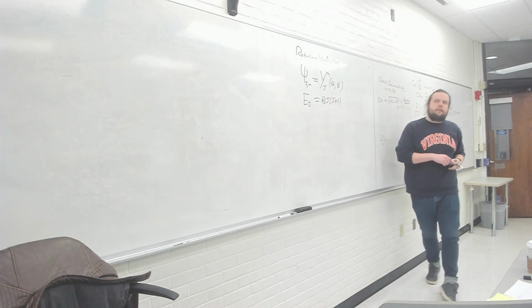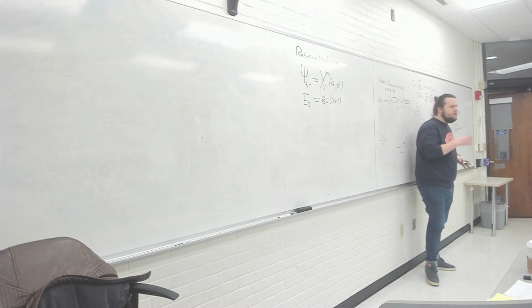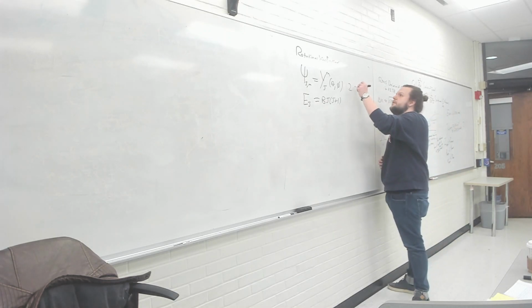So the energy is dependent on j, but it's not dependent on m. So you need two numbers to define the wave function, but one number to define the energy. Right? And why is that?